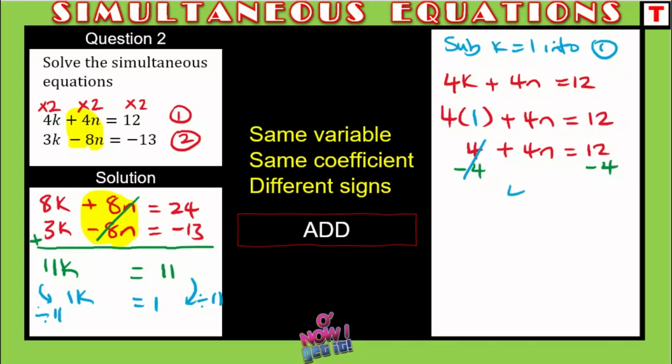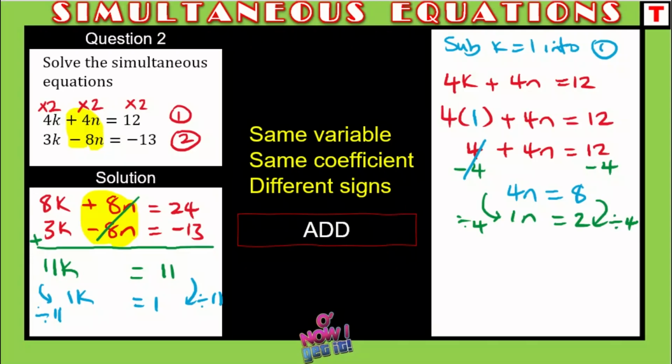This is going to leave us now with 4n is equal to 12 take away 4, which is just going to leave us with 8. So please keep in mind, we're always searching for one of the variable. Therefore, I want 1n or just n. So I'm going to be dividing both sides there by 4. 8 divided by 4 is going to be 2.